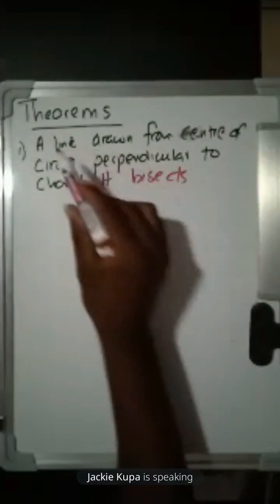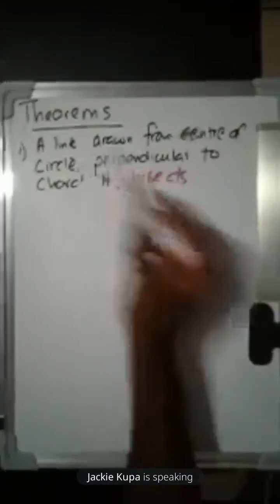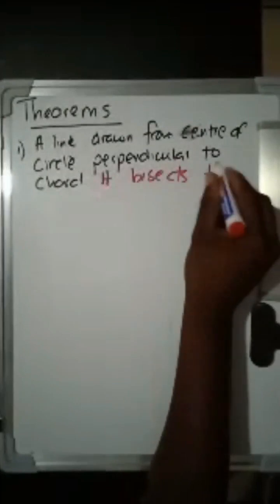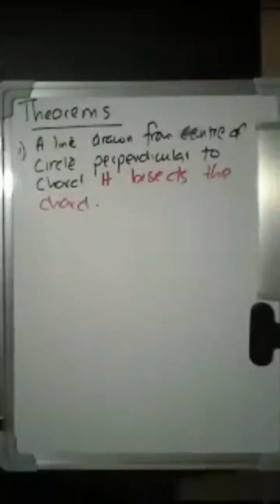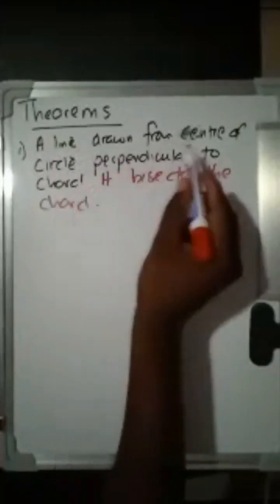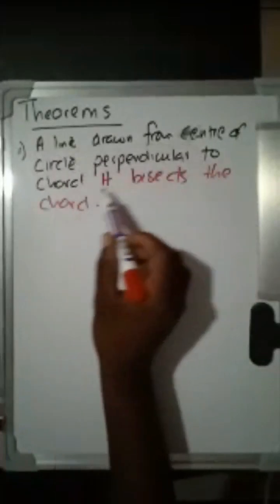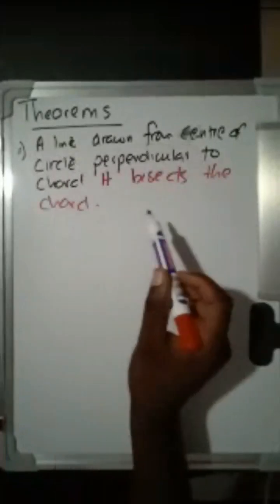So a line drawn from the center of a circle, perpendicular to chord, it bisects the chord. So we have the theorem statement, then we have what it does.